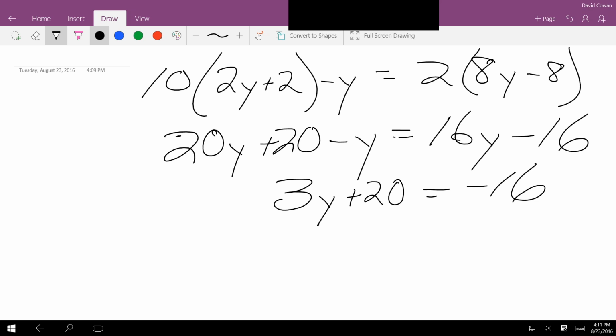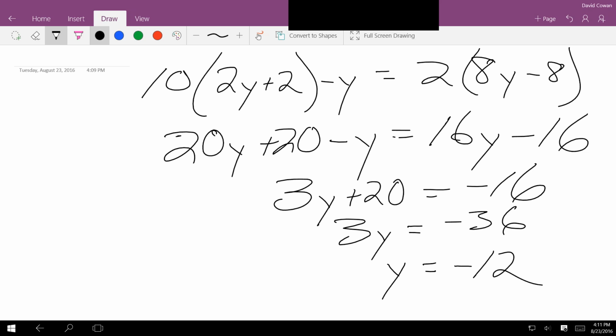And next line. 3y equals negative 36. That's what I got. Which makes y equal to, again, expect 3 to divide into 36, negative 12. Right. Yeah, but the thing is, when I plugged this in, I didn't get the correct answer.